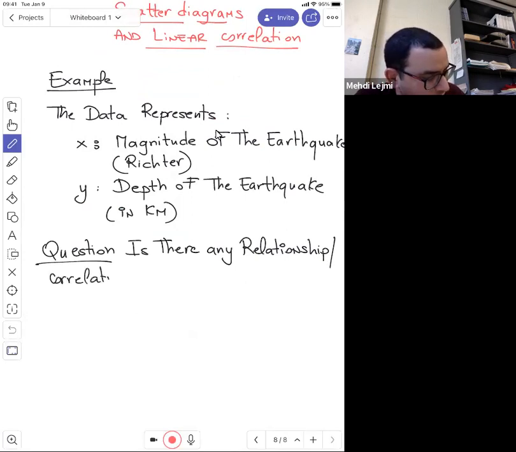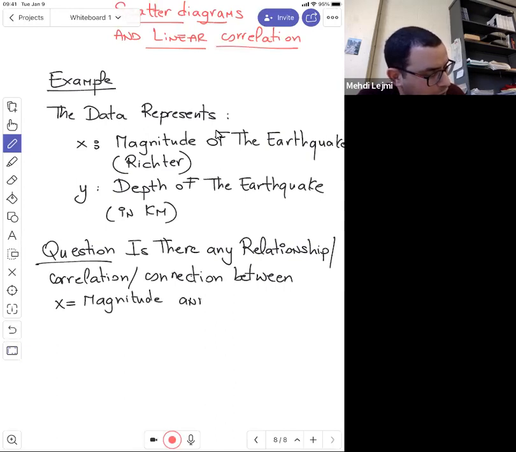Again, correlation means a relationship or connection. That's another word for correlation. A connection between the X, which is the magnitude of the earthquake, and the Y, which is the depth. All right, so that's what we are doing here. We are trying to answer this question.